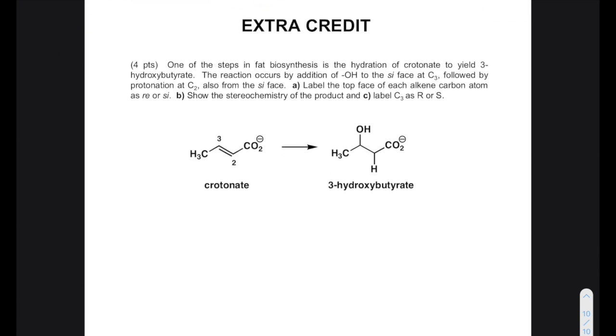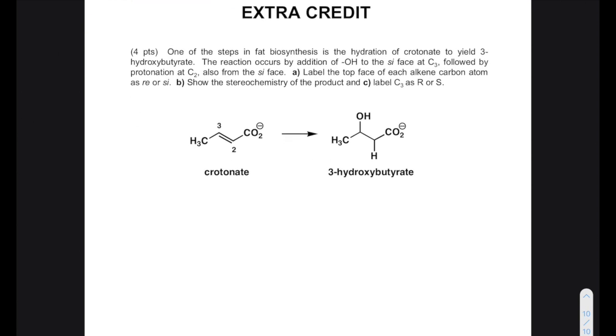All right, and now that we get to your extra credit question, like I said, this one is a little tricky. It involves knowing the naming conventions for prochiral alkenes, the Si and Re face, which has to do with, again, the Cahn-Ingold-Prelog rules. So we assign the priority to be here, 1, carbon 2, and then hydrogen priority of 3. Because this looks clockwise, the front is therefore the Re face.